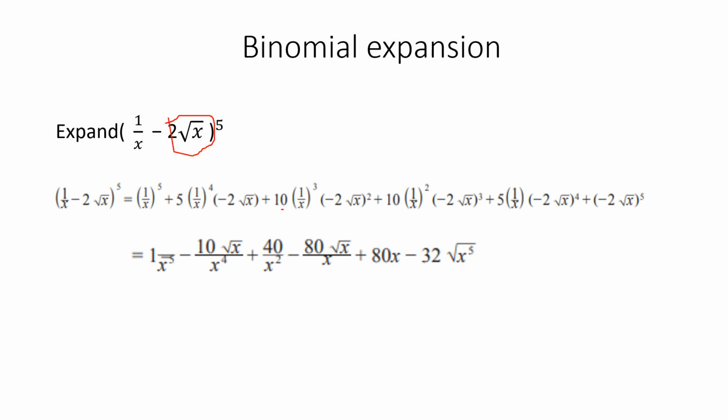So 1 on x exponent 5 is going to give us 1 on x exponent 5, so let's cancel that. Then when we come to the second term, we have this negative 2 multiplying the 5 here, making it negative 10, right?